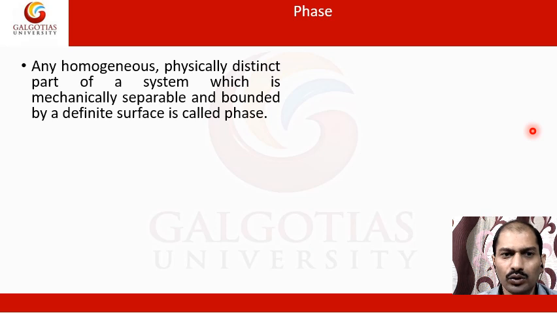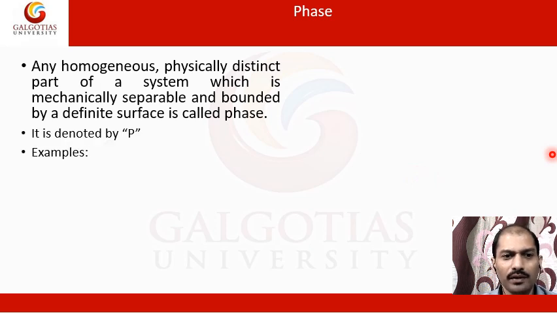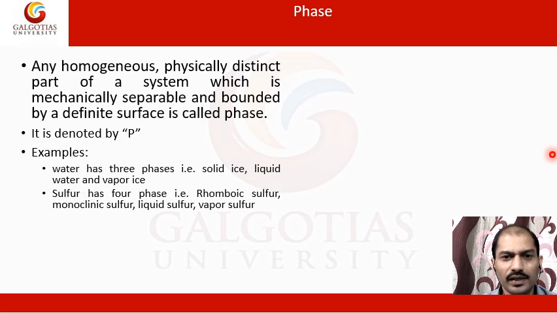So now here if you see, any homogeneous, physically distinct part of a system which is mechanically separable and bounded by a definite surface is called a phase, and it is denoted by P. And for example, you can see many examples. In case of water, it has three different phases: solid, liquid, and vapor.